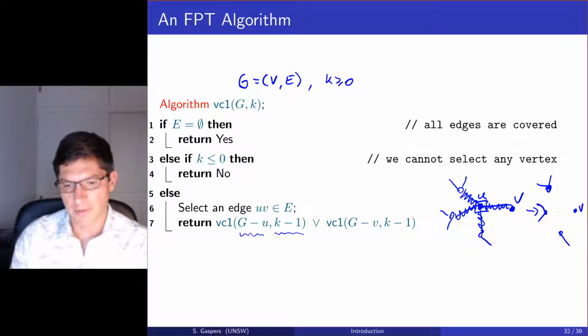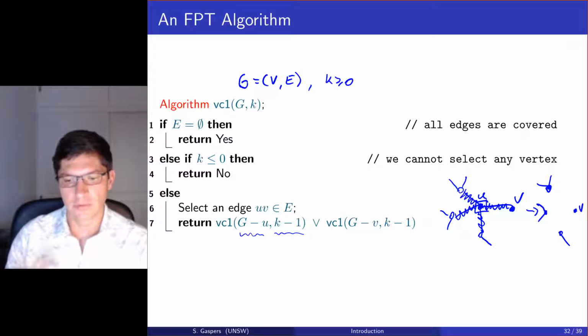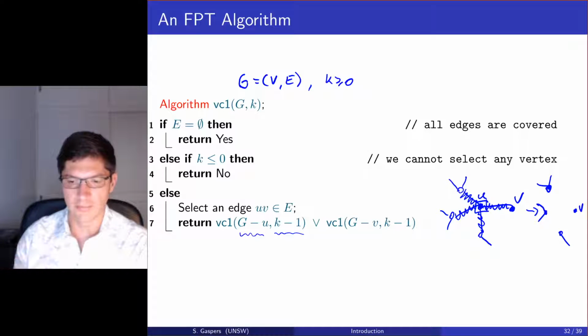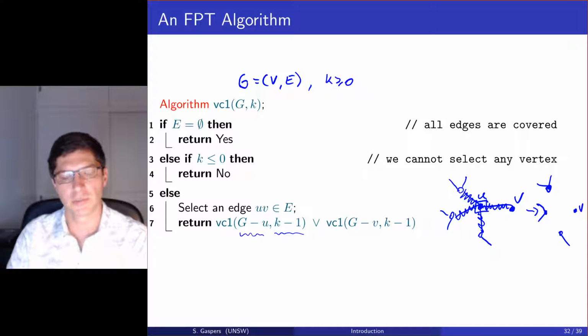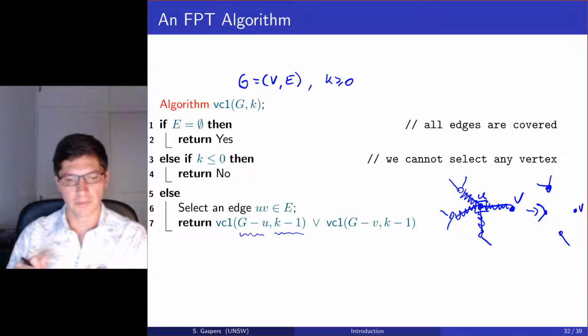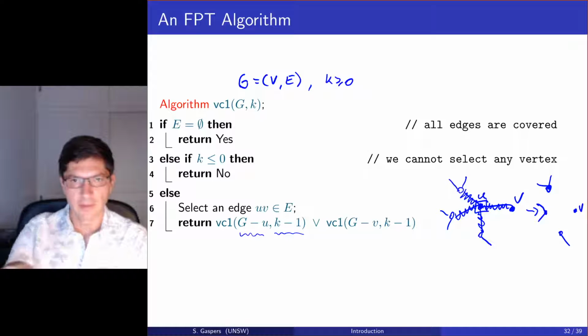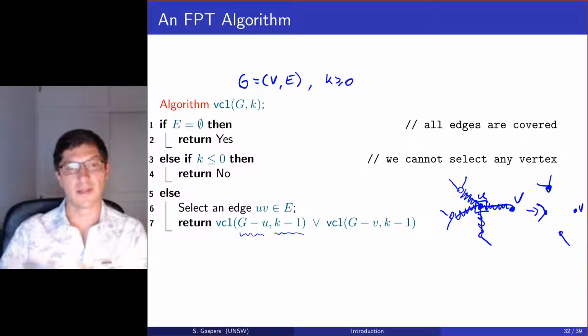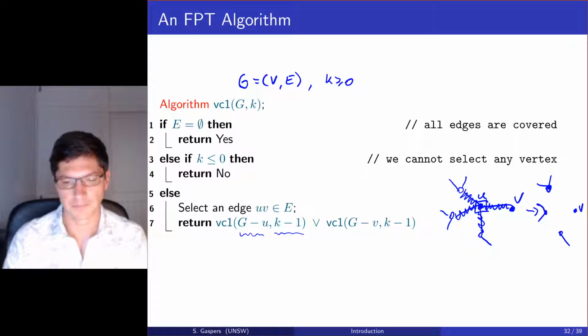And the second option is that we just add v to the vertex cover. Same thing, we delete v from the graph and decrease the budget by 1. So we consider these two possibilities: either we add u to the vertex cover or we add v to the vertex cover. Then G minus u and k minus 1 tells us what still needs to be covered when we do this.